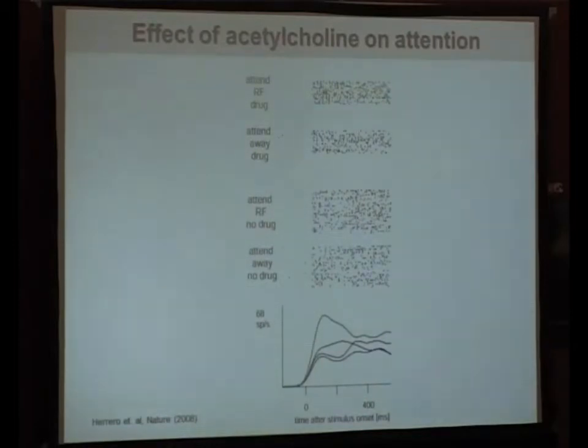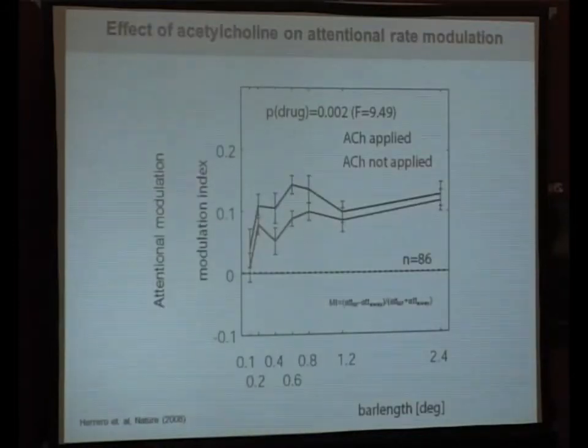We then quantified this increase by calculating an attention modulation index, which is defined here. And we use different stimulus sizes in this particular experiment. That's why you have attention modulation index for different bar lengths. So those were the stimuli that we presented to the neurons.